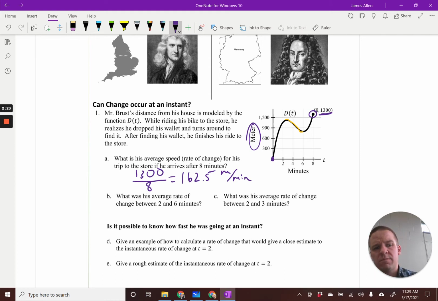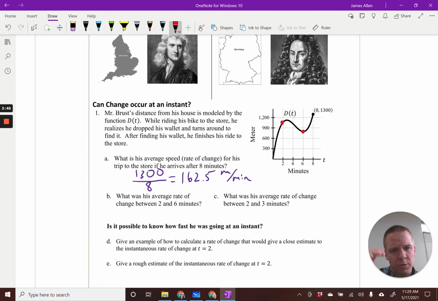So now we're looking at a smaller point in time. So let's see here. 2 minutes right here, and then at 6 minutes, we're over here. So what's the average rate of change between those two spots? Now, we don't have exact values there, but we could maybe get a rough estimate, right? So let's see here.